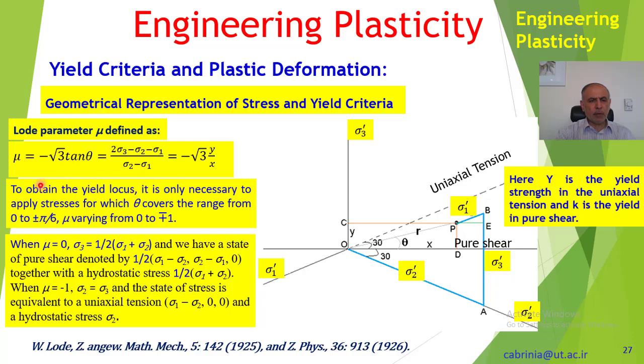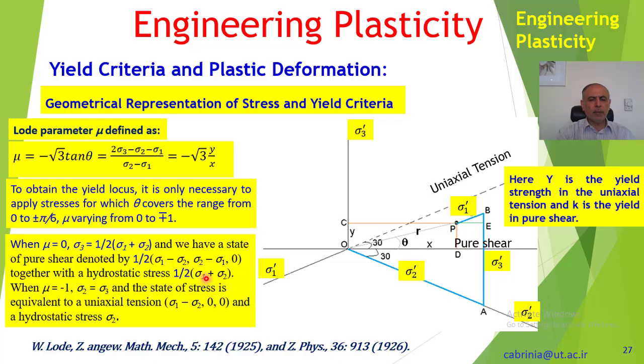So in here, if we put mu equal to 0, this numerator becomes equal to 0, and then we get sigma 3 equal to half sigma 1 plus sigma 2. Obviously mu equal to 0 is theta equal to 0, and we have a state of pure shear as shown here, and the stresses are denoted by this, half sigma 1 minus sigma 2, sigma 2 minus sigma 1, and 0, plus a hydrostatic component, sigma 1 plus sigma 2.